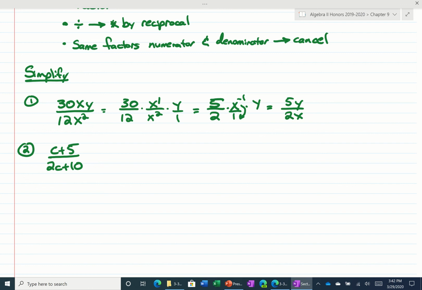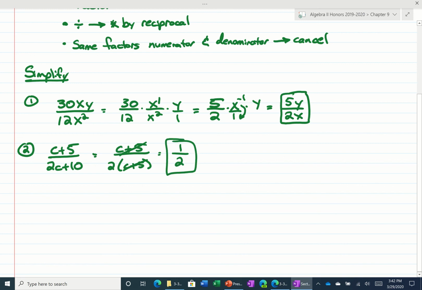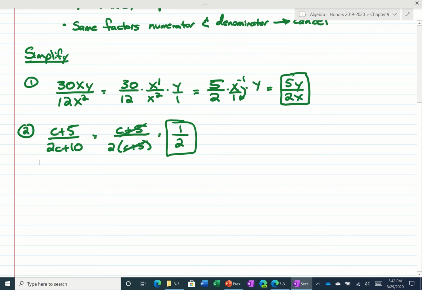If it's over addition or subtraction, you have to leave that denominator alone. One thing we could do is we could factor out a 2 from the bottom, and then those cancel, and you're just left with 1/2. Well, it's pretty easy. Please don't ever separate a denominator over addition or subtraction. That's a really bad mistake.